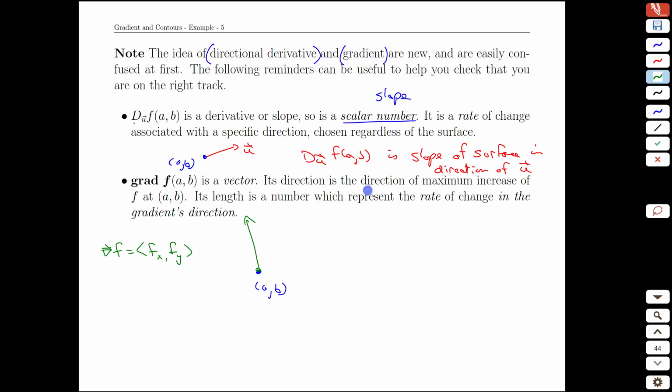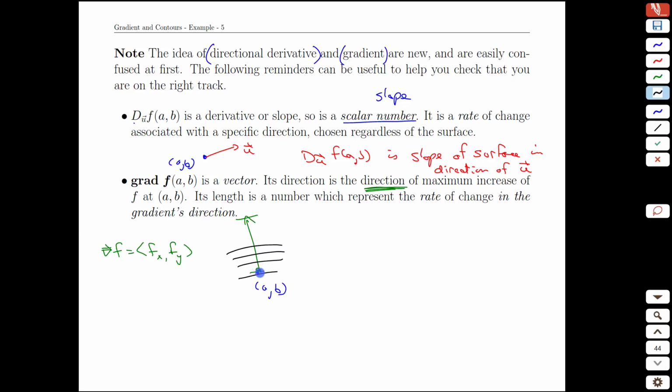That direction is the direction of maximum increase. It's not the slope by itself. It tells us in this direction we will find the steepest slope. The magnitude of it would be how steep the slope is. But the most important thing to remember is that this direction is going to point us uphill in the fastest step, or the most steep direction.